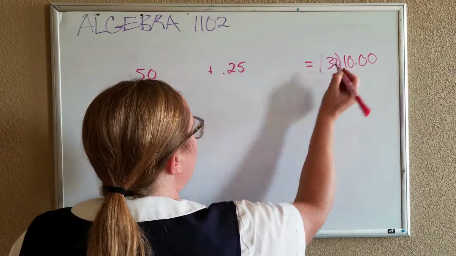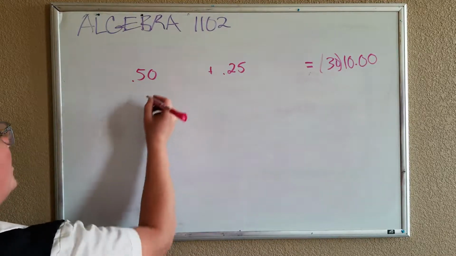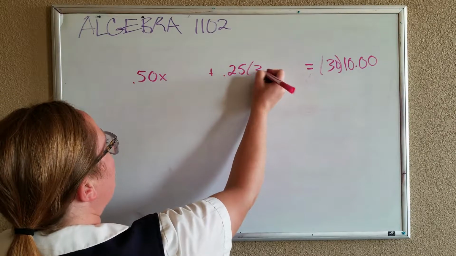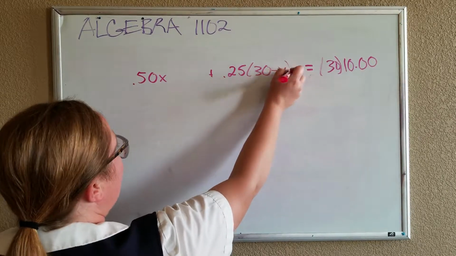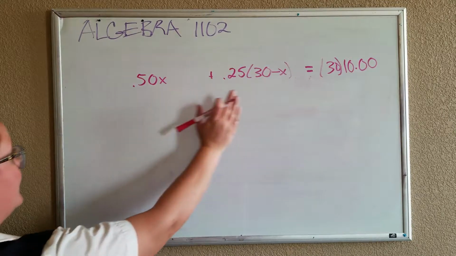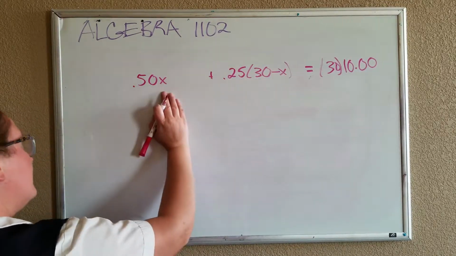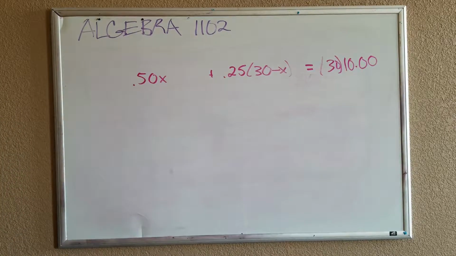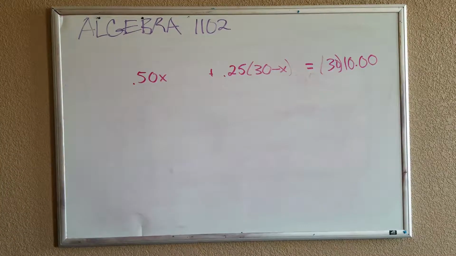So when they tell you your end amount, you call one of these fares X and the other one 30, or the end result, minus X. And it does not matter. You can call this one 30 minus X and this one X, or this one X and that one 30 minus X. It does not matter, okay? Either one.